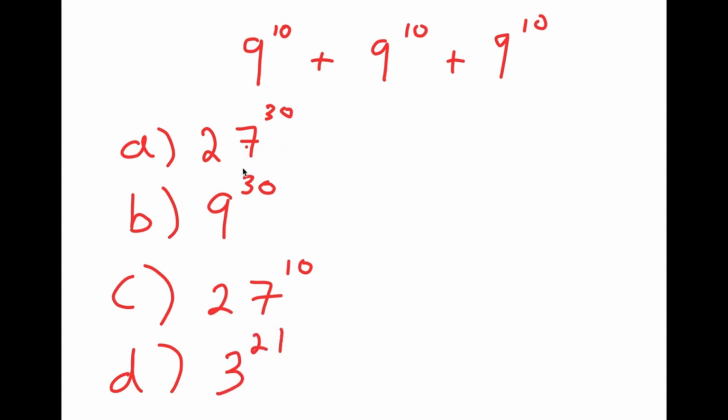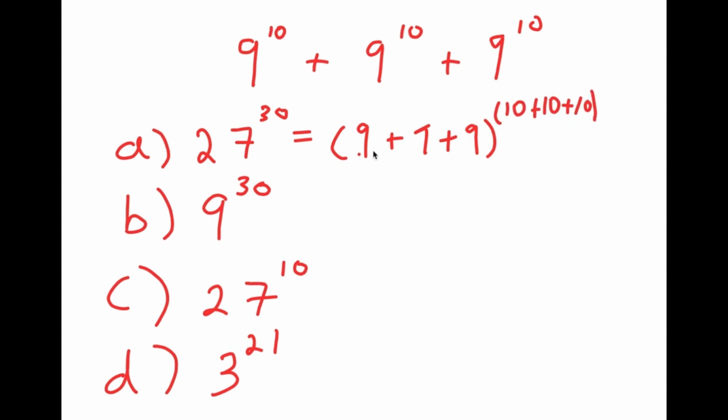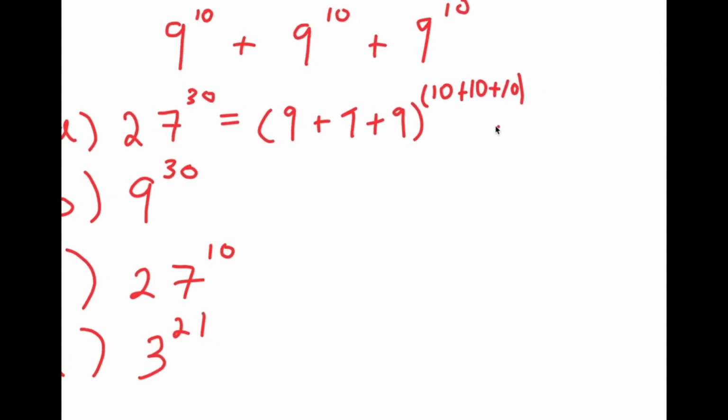So to first start out, let's go through all these option choices and see if they're right or not. So we first have A, 27 to the power of 30, and how this likely resulted was from adding all the bases and adding all the exponents. So we have 9 plus 9 plus 9 to the power of 10 plus 10 plus 10, which is equal to 27 to the power of 30.